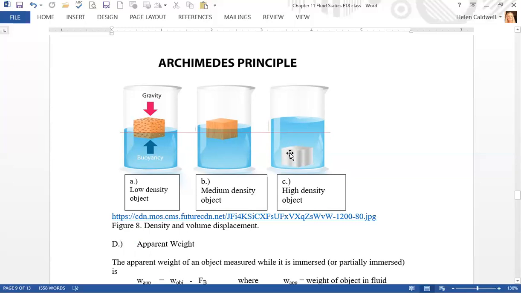And the one on the far right that looks like metal is our high density object. You will notice it doesn't float, it is completely submerged. And in fact, the volume of the fluid above the red line would equal the volume of the object, because that's how much water was displaced, forced up by the metal when it sank to the bottom.